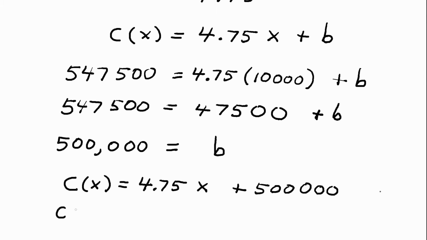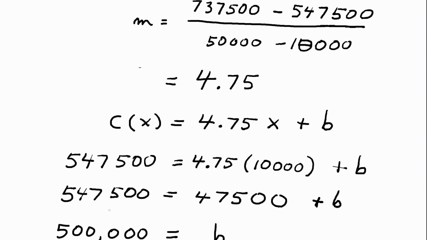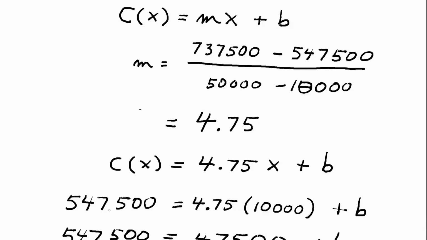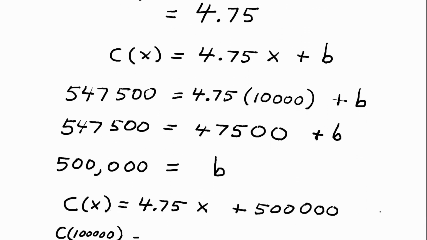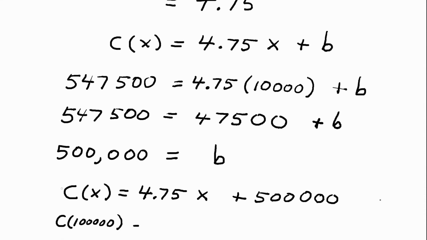So the cost of 100,000 is equal to... do I have enough zeros there? I just have that problem here. So I don't know if you share in that. Okay, that's 100,000, all right.